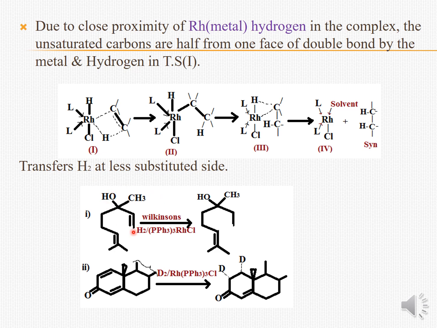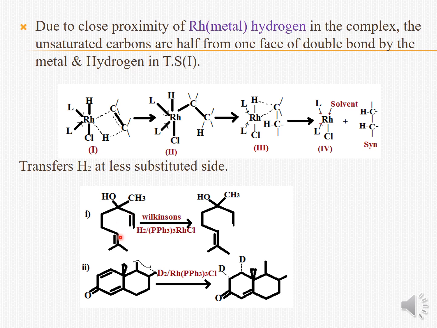And then in the next, if we show the transfer of the hydrogen at the less substituted site, this is your less substituted alkene. So hydrogenation will take place over here, towards this CH2 double bond CH. This terminal alkene is getting reduced.